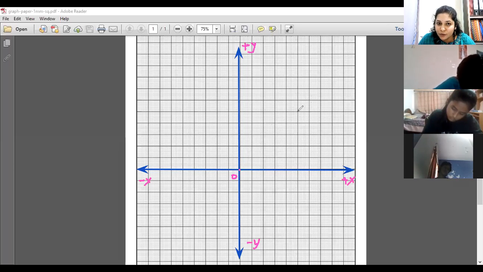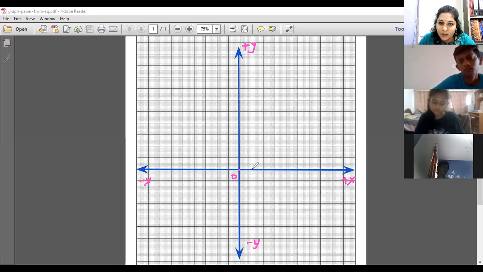That is why, if you saw the way I solved the problems, I have chosen the values of x starting from 0. I have substituted x value as 0, 1, 2, 3, 4, 5, 6, 7, 8.